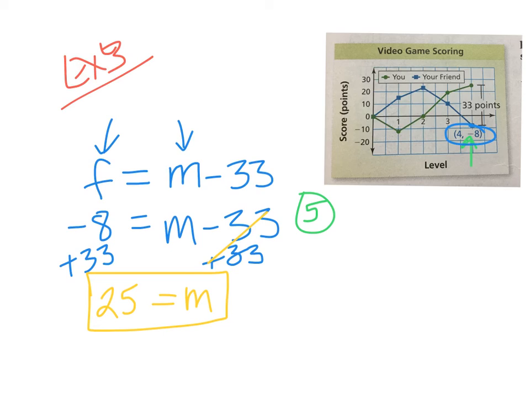In example 3, if you have negative 12 points after level 1, your score is 27 points less than your friend's score. So what's your friend's score? So in example 3, you have a negative 12 after level 1. So my score was negative 12 in this case, right? And your score is 27 points less than your friend's score.